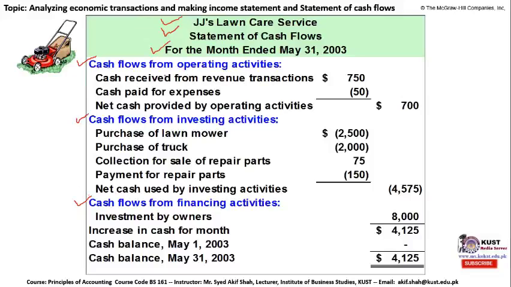Let's see that the first section is related to the revenue and expenses transactions. Since we have a number of economic transactions as discussed in the previous example, we'll discuss them one by one and how to incorporate those transactions into the cash flow statement.